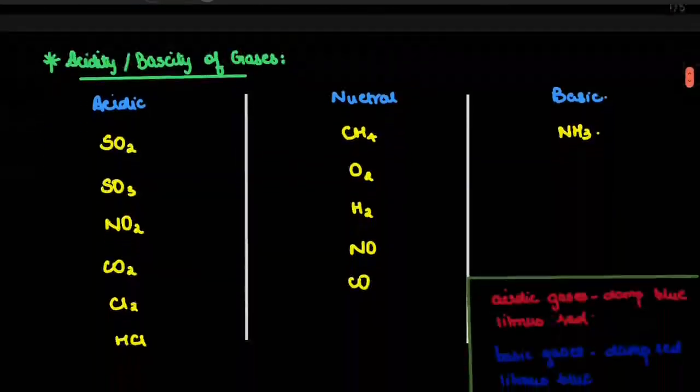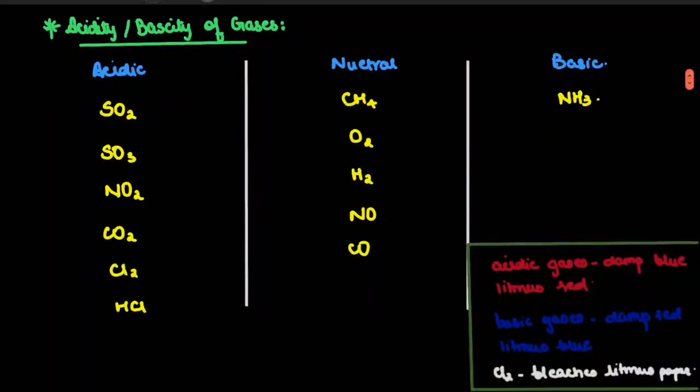All right. Next we have the acidity and basicity of a gas. Now, some gases are acidic, some are neutral, and some are basic. As for basic gases, ammonia is the only basic gas found in nature. Although we have synthetic gases, it's the only basic gas found in nature.